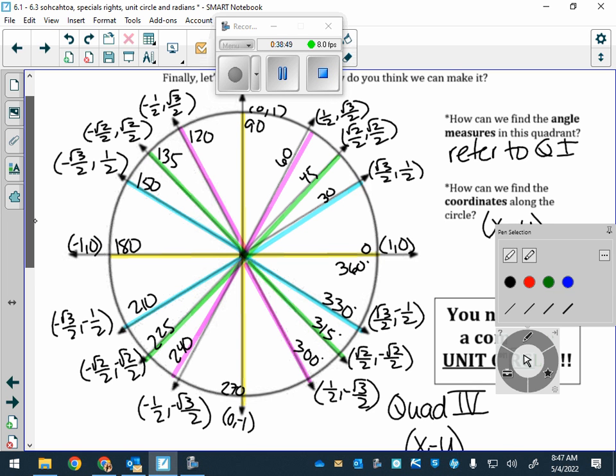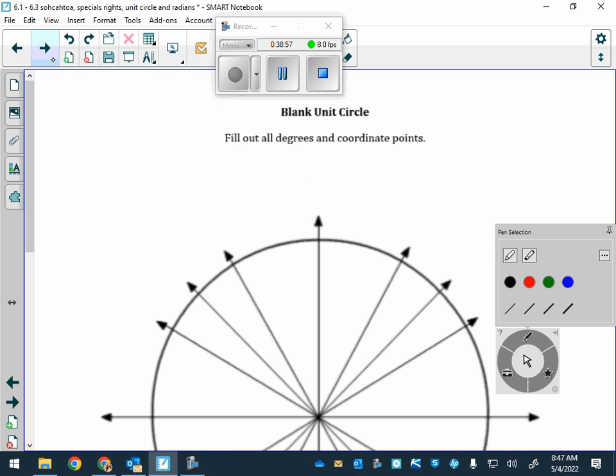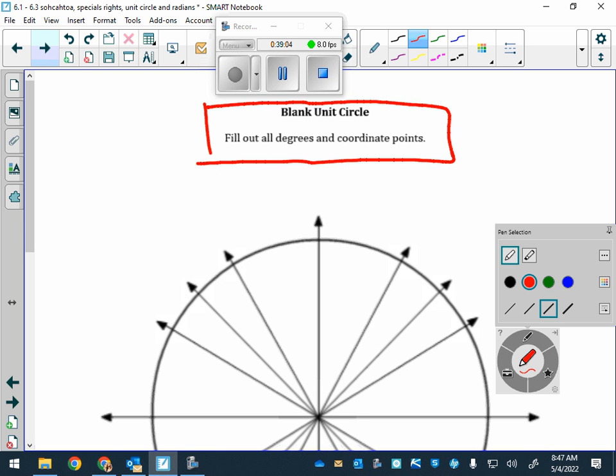So one thing, okay? There's two little minor things, okay? First thing for your homework is to fill out this blank unit circle. I want you to try from memory, though, okay?